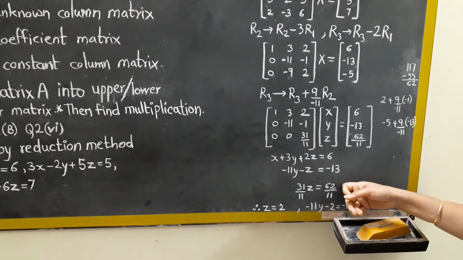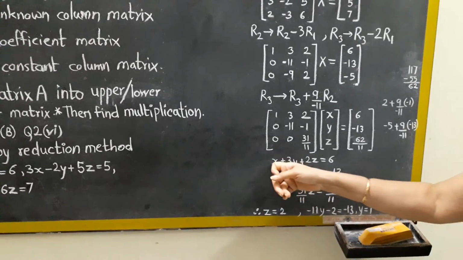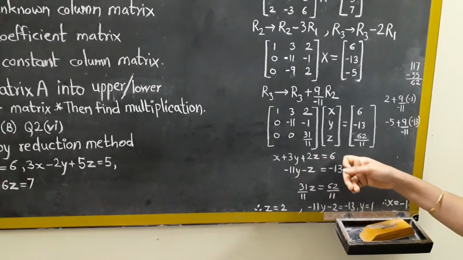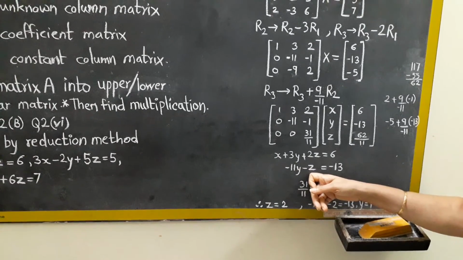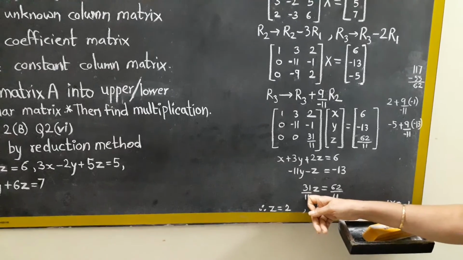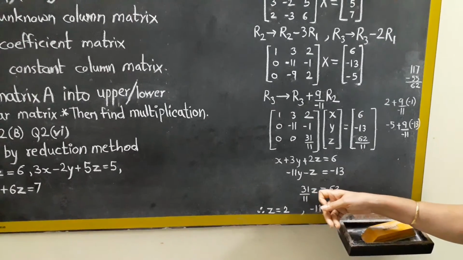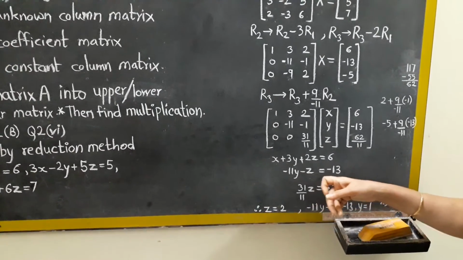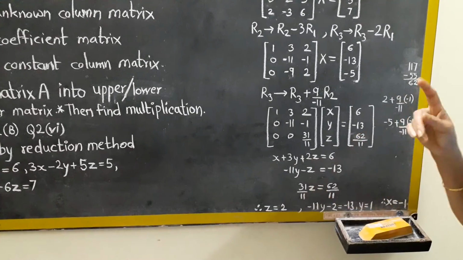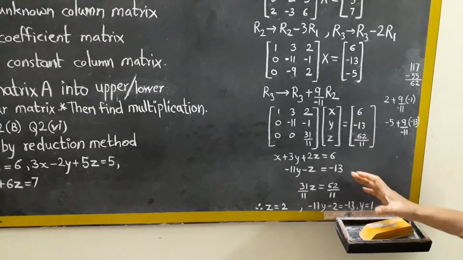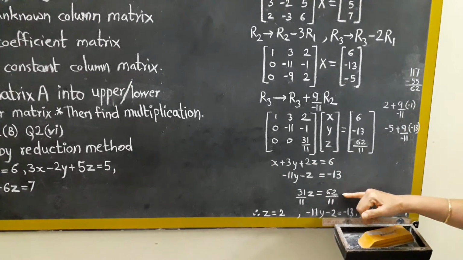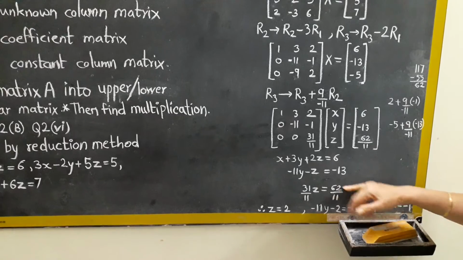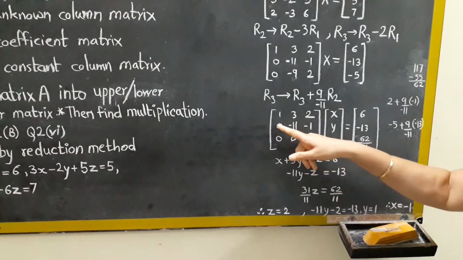See that the way we are getting the equations is that the first equation contains 3 variables, the second equation is containing 2 variables, and the third equation is containing only 1 variable, and that is why we call it a reduction method. Okay, so here the number of variables are reduced just because of the triangular matrix.